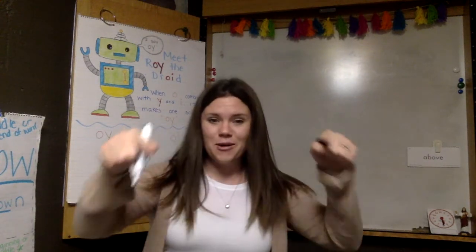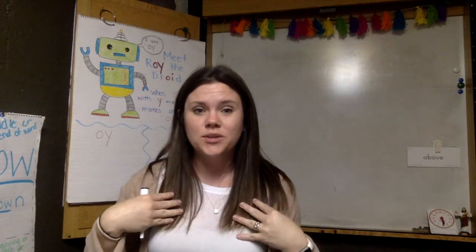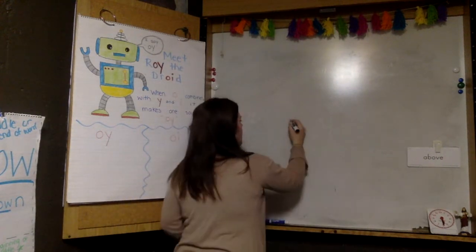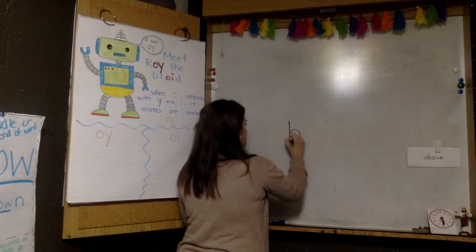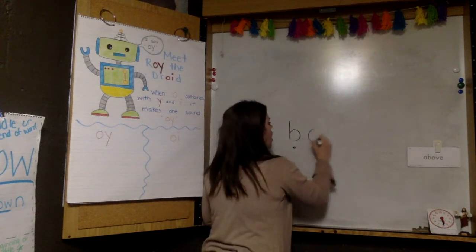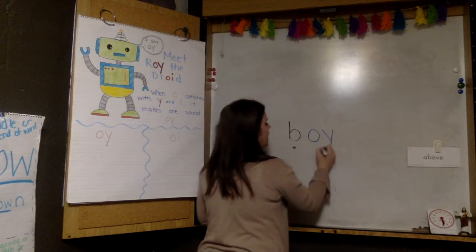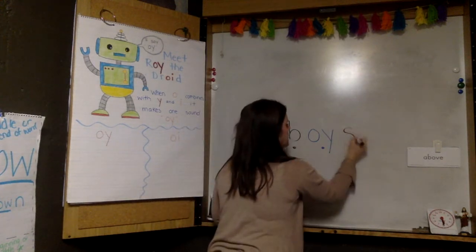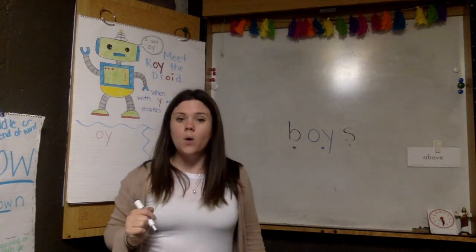In our class, in our wolf pack, Miss Egan is the only girl. All of you are boys. I have B says b, O-Y says oi, and S at the end. All of you are boys.